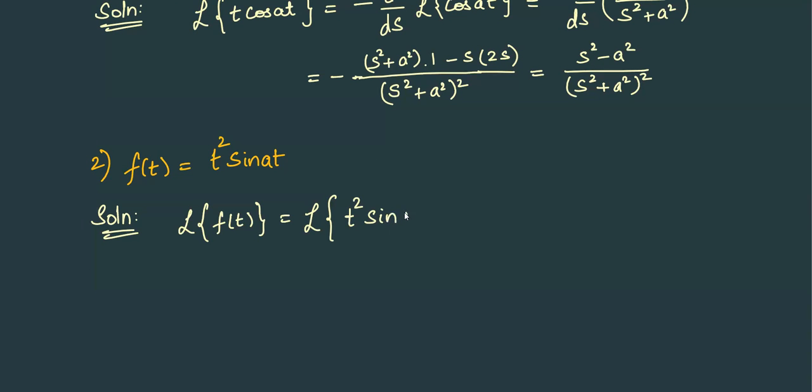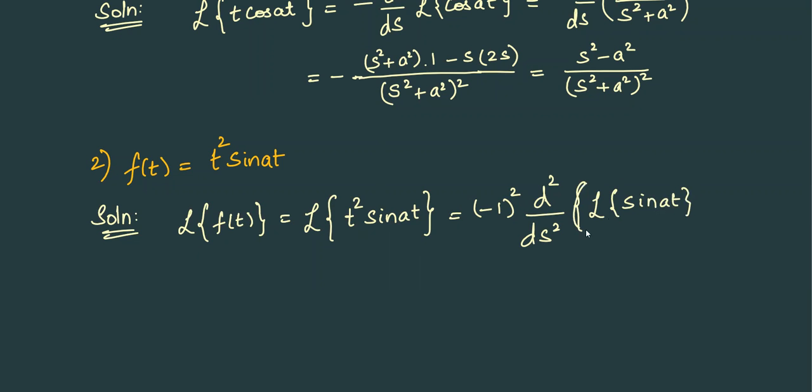t square sine at is (minus 1) the whole square, the second derivative with respect to s of the Laplace transform of sine at. So this is d square by ds square of a by s square plus a square.